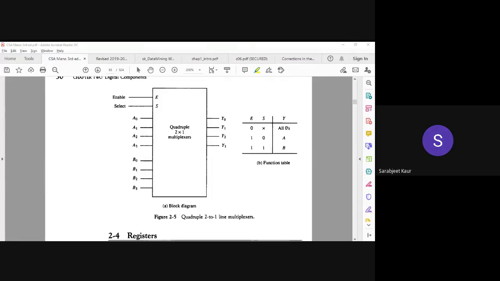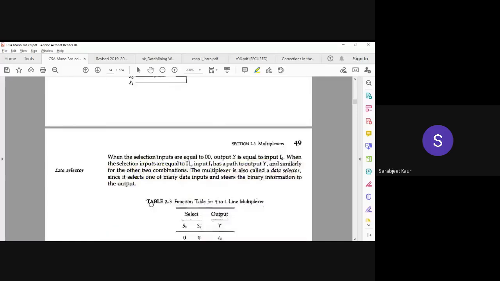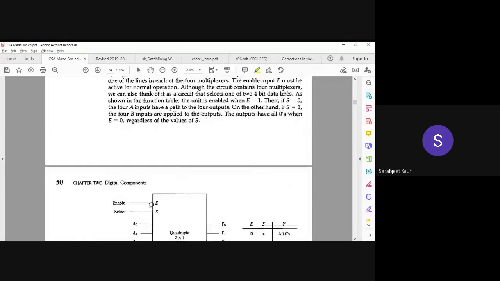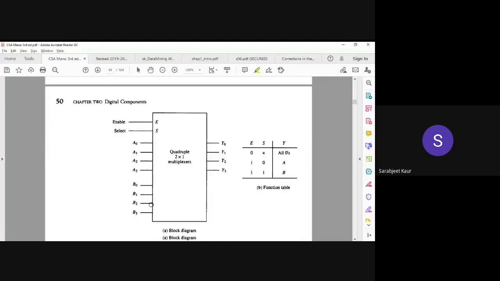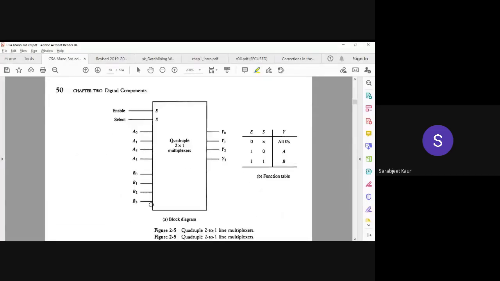Is my screen visible? Yes, ma'am. Okay. The first thing that we're going to discuss today is how to design a quadruple 2x1 multiplexer.